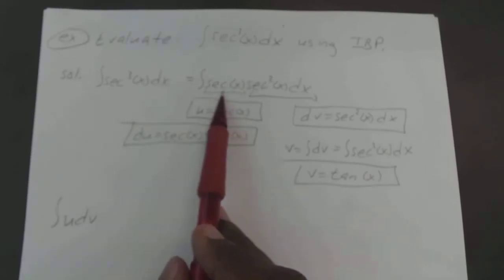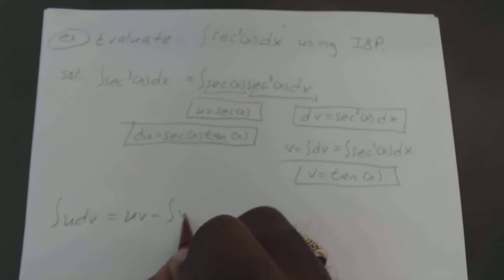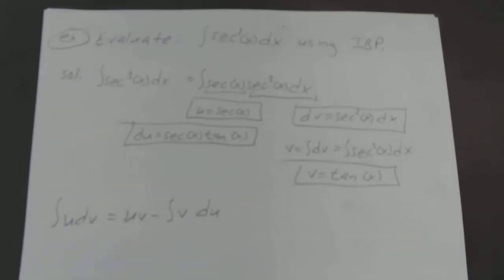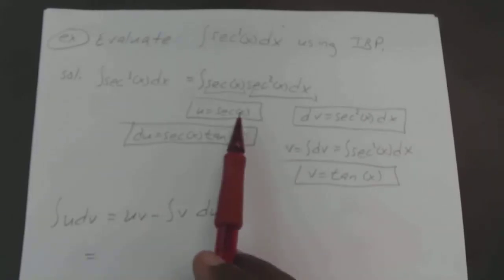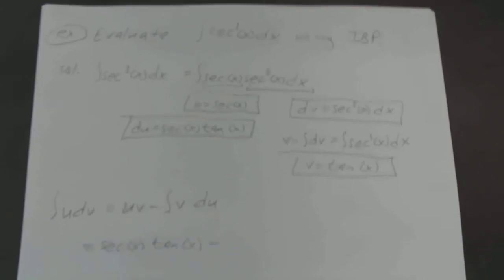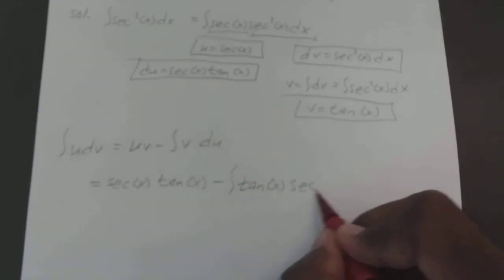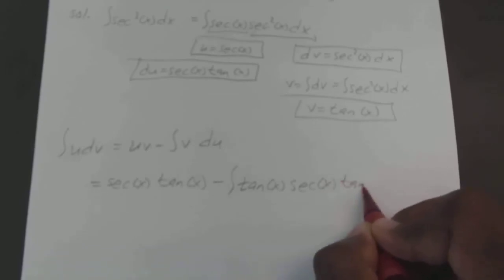The integral of u dv, which is just our secant and secant squared, equals uv minus the integral of v du. Okay, so that's going to equal uv, which is secant x tangent x, minus the integral of v du, which is secant x tangent x.